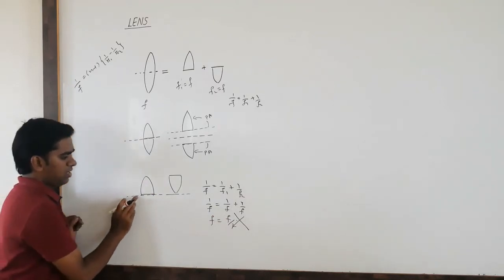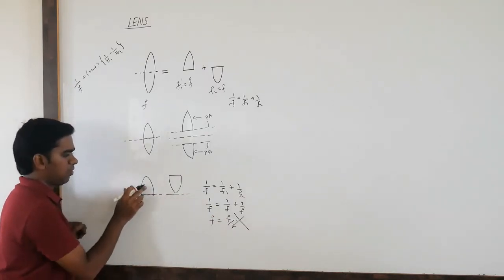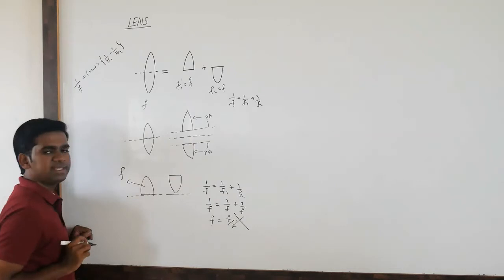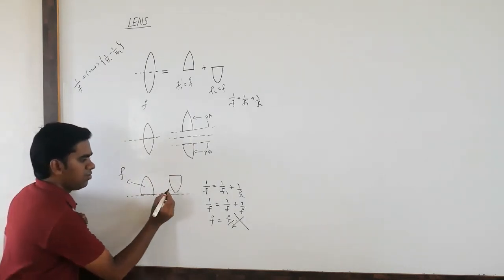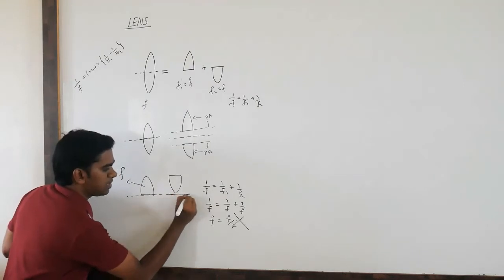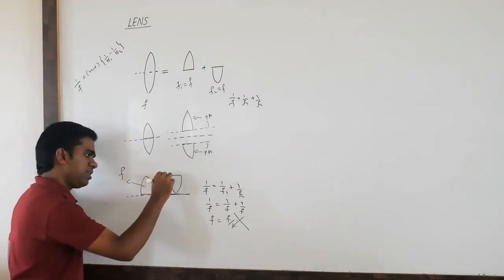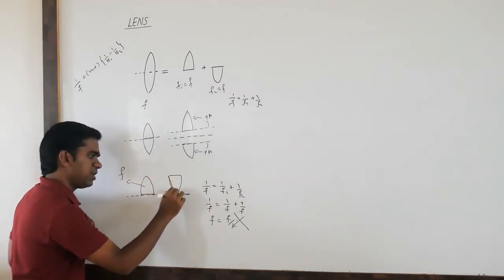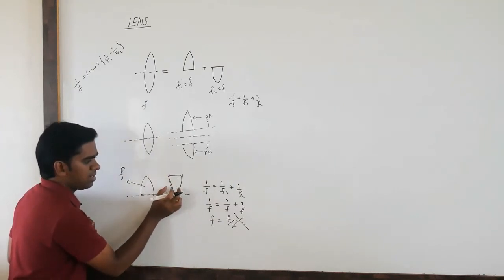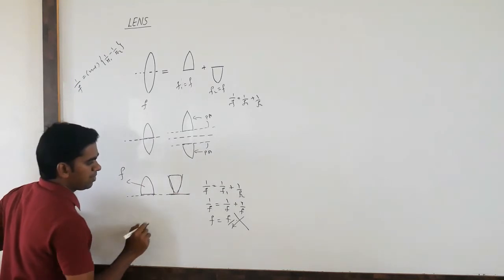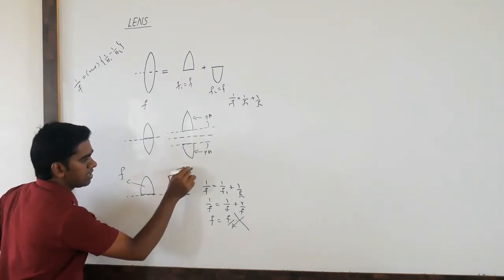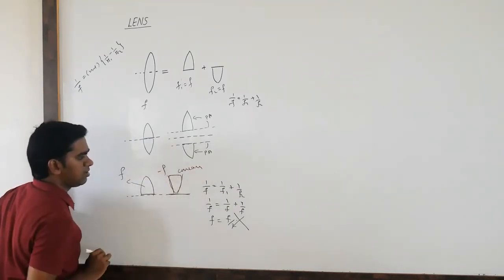You are talking about this principal axis. For this, the focal length is f. But for this one the focal length will not become f. With respect to this principal axis, the structure of the lens is thin at the middle and thick at the ends, so this acts as a concave lens, and we have to take minus f.